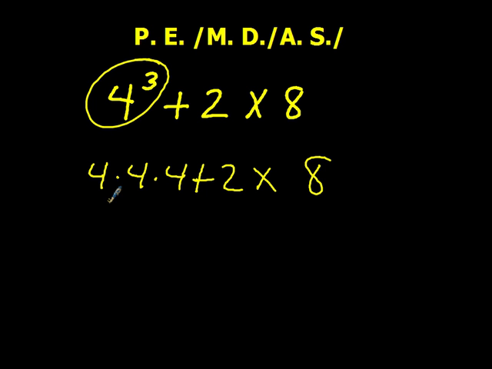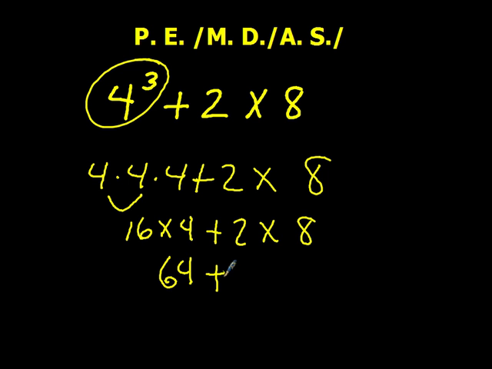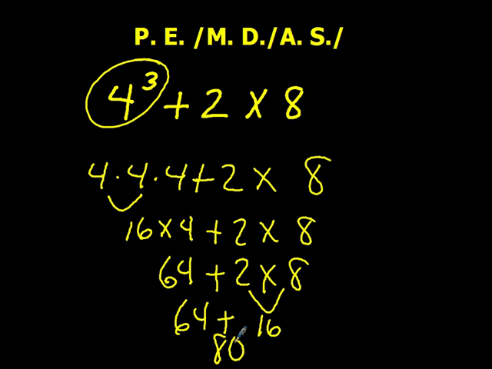So I can do 4 times 4 is 16, times 4, plus 2, times 8. Then I have 16 times 4 is 64, plus 2, times 8. And on this side I have 16, plus 64, and my final answer is 80.